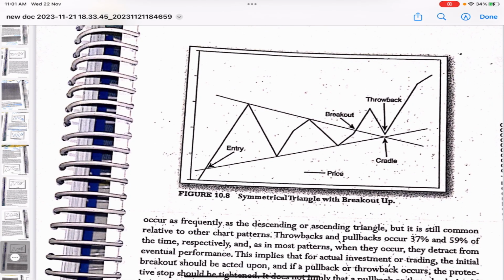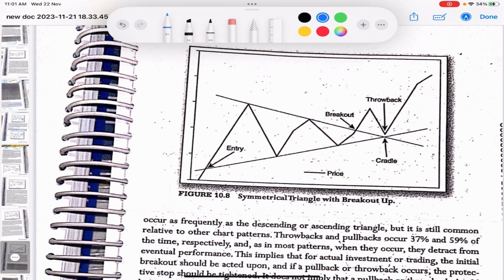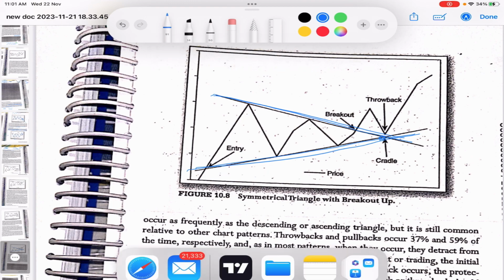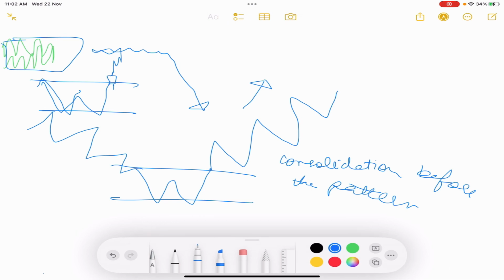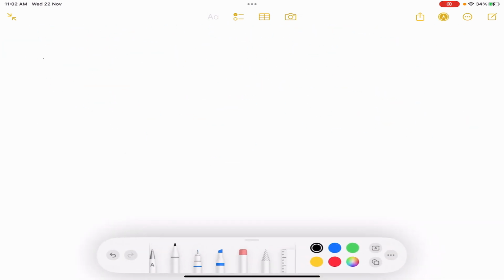So this is a standard triangle pattern, and we can see that this is how a standard triangle is. And see, this point is where both these lines coincide with each other, and this point is known as a cradle or apex. So when you have a standard triangle, see, the reason I'm making these diagrams and short notes in the middle is to have the notes with you.